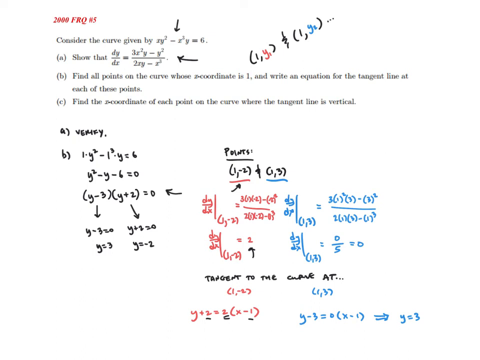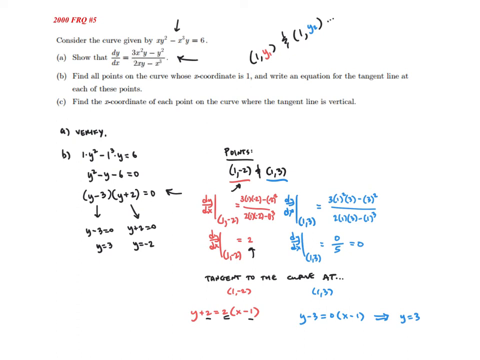Okay, part C says find the x-coordinate of each point on the curve where the tangent line is vertical. Let's analyze this real quick. The tangent line will be vertical where the derivative dy/dx does not exist, right? And that would not exist when the denominator equals 0 and the numerator does not equal 0.